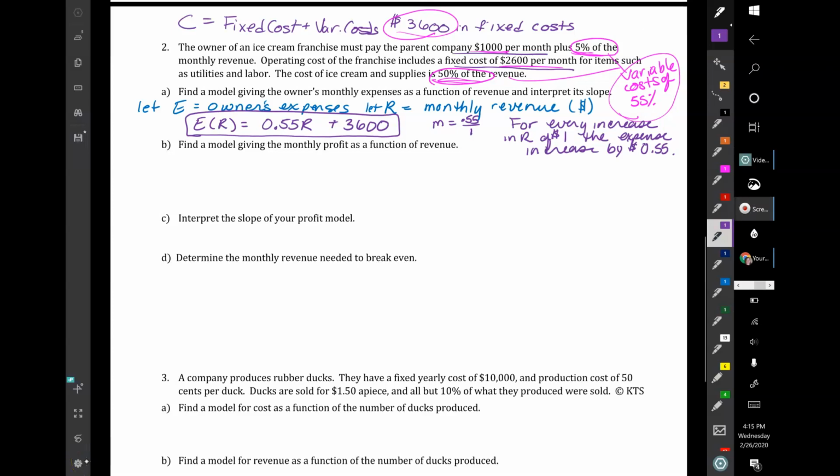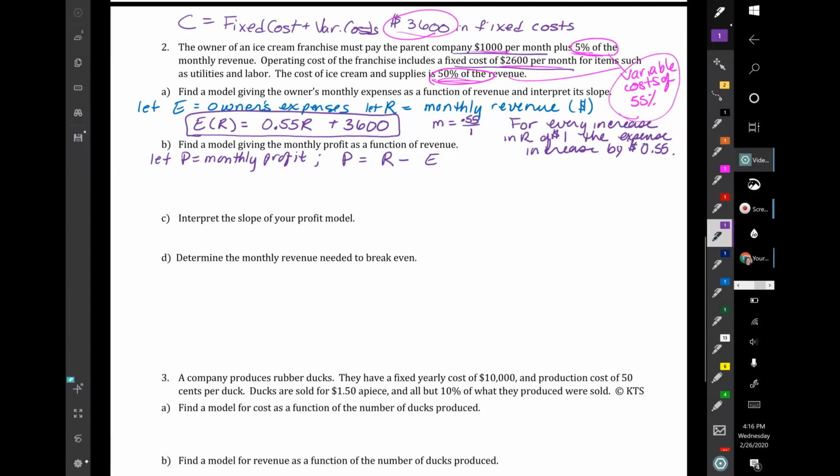Now we need to find part B, find a model giving the monthly profit as a function of revenue. So again, we're just going to call P our monthly profit, because that wasn't declared yet. We also need to remember that profit equals revenue minus the costs, in this case the expenses.